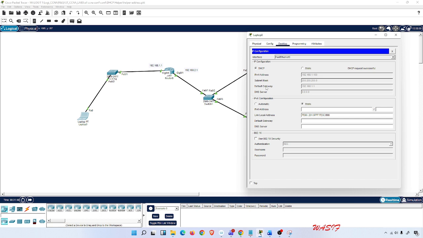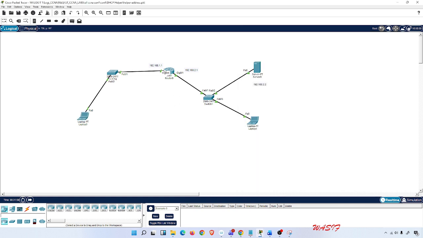Now there are many commands that can be used to verify all these things. However, I configured the DHCP on the server, not on the router. If you configure the DHCP on the router, then you will be able to use many commands.